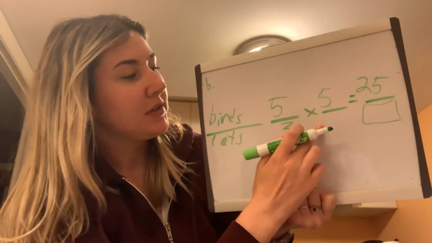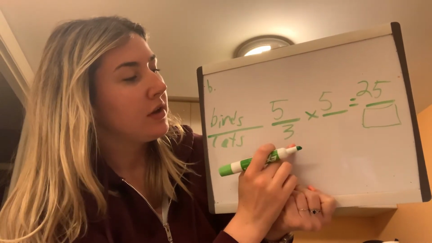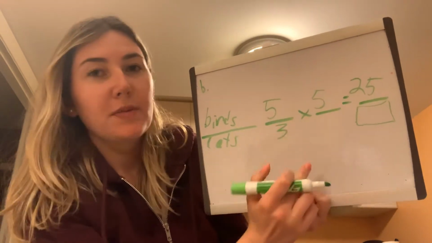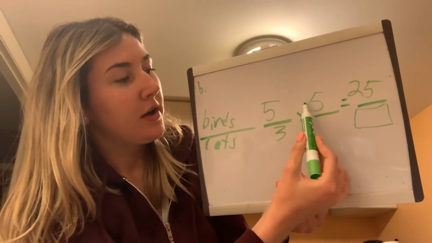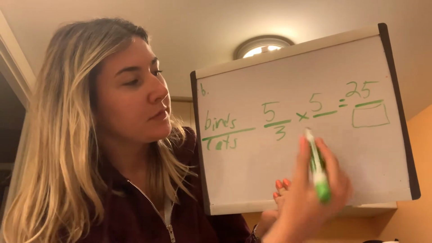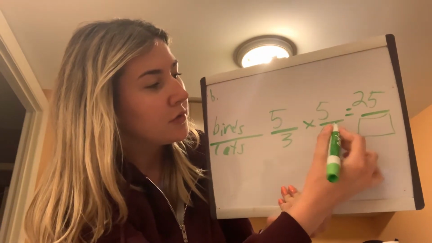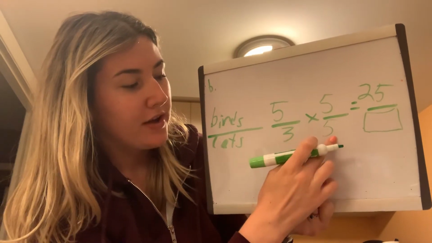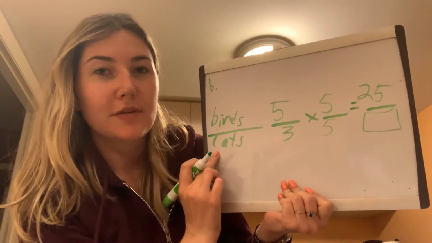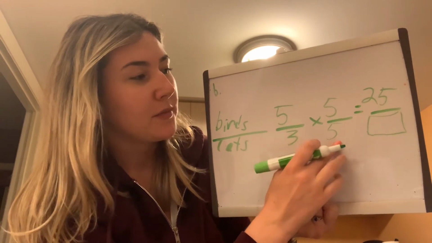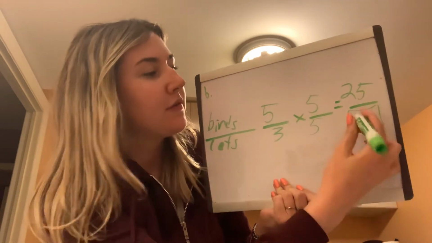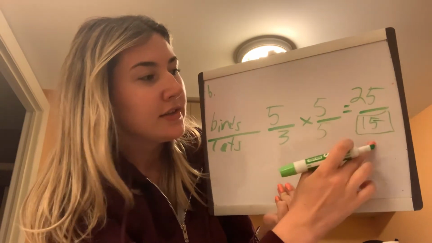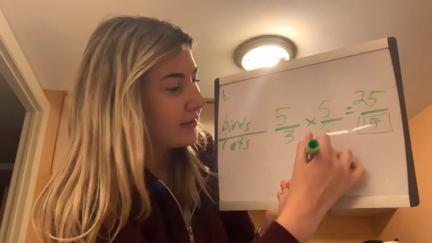And now when we're multiplying our fraction to make an equivalent fraction, we can only multiply the same number by the top and the bottom. So our bottom number will also be 5. Now we can solve 3 times 5 to find out how many cats there are. We know 3 times 5 will give us 15. So our answer is there are 15 cats.